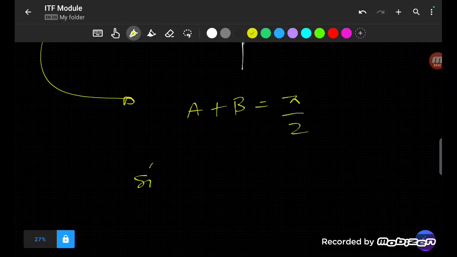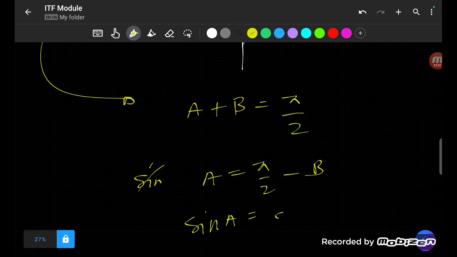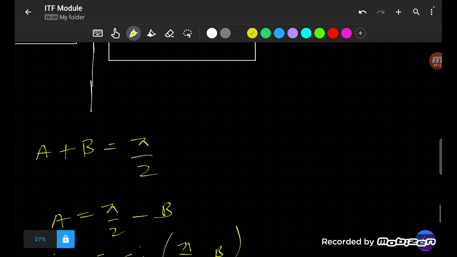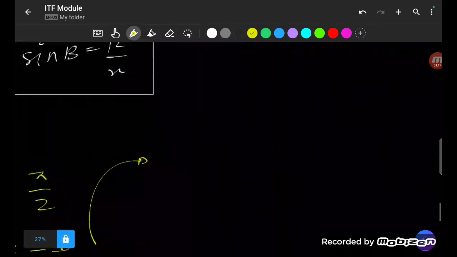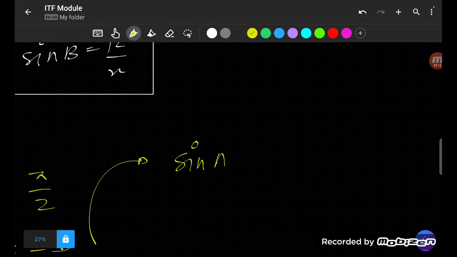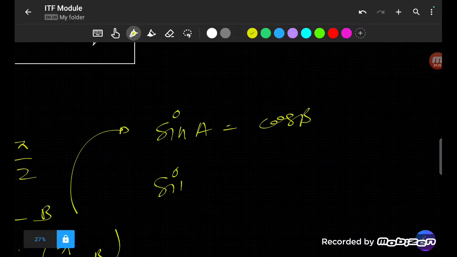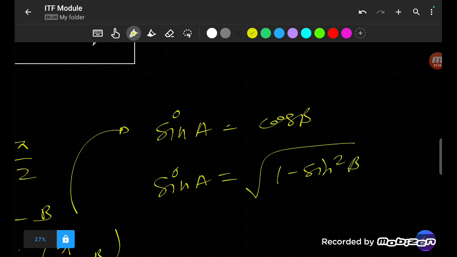So a is equal to pi by 2 minus b, you just take sine on both sides. So sine a equals cos b. So sine a is equal to under root 1 minus sine square b.